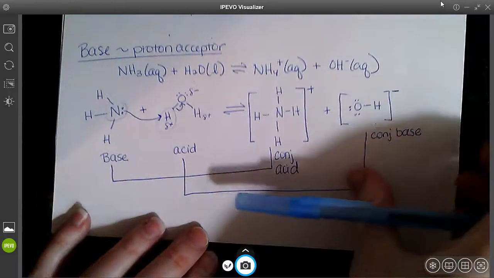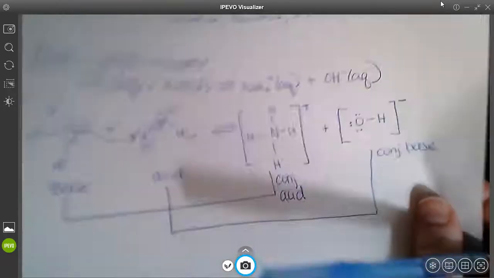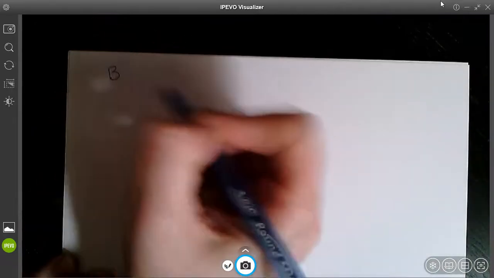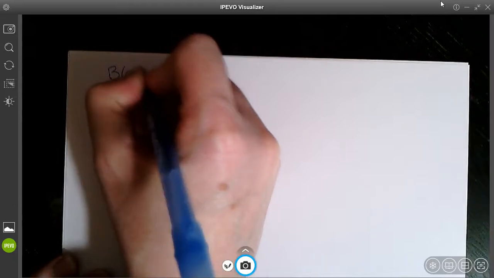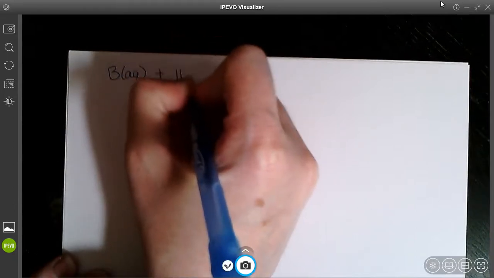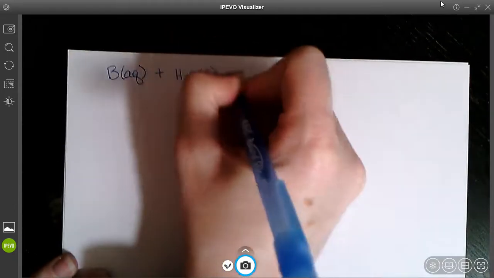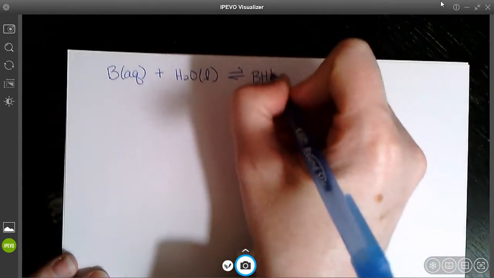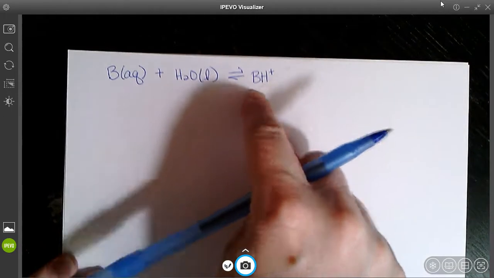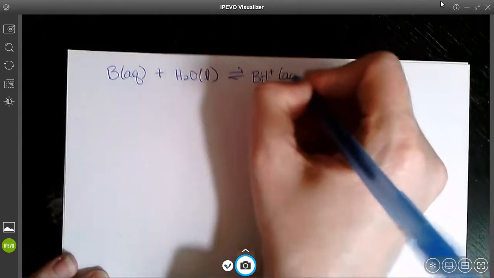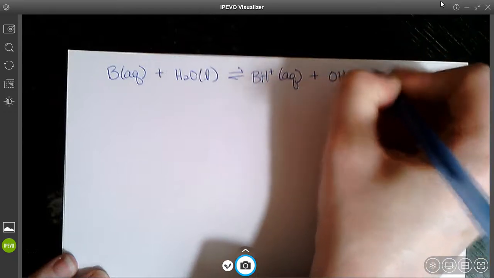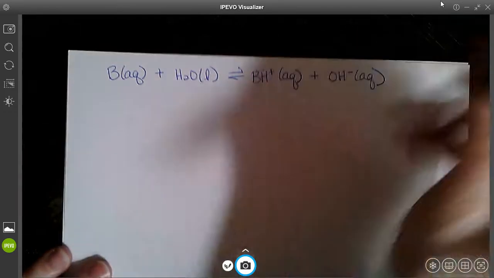And overall, our acid bases, when they are acting as proton acceptors, are going to do that general formula. So it's going to look like this. Base aqueous plus H2O as a liquid, and it goes back and forth as your base with a hydrogen ion attached, so it's now got a positive charge, aqueous plus OH minus aqueous. So this is your overall formula.